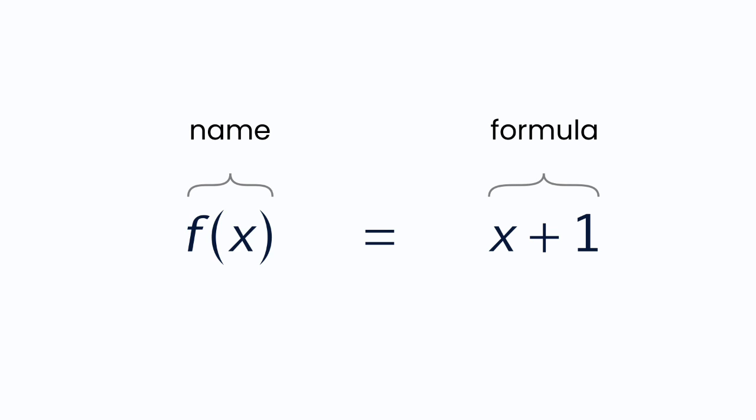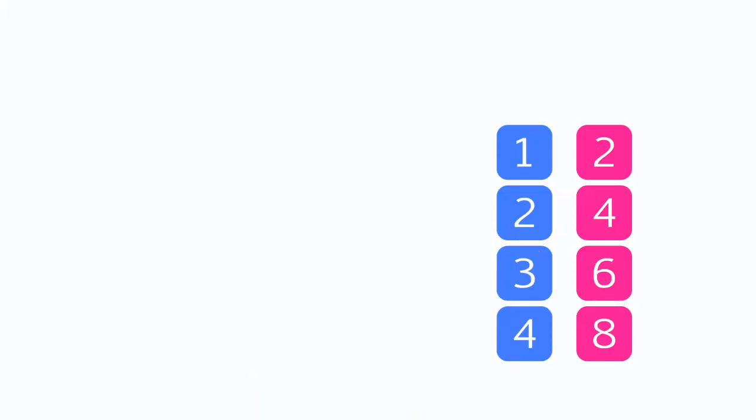So, back to our example. You now know that the function will be named f of x. Since this machine doubles the numbers you input, you can write the mathematical formula for the output as 2 times x. So this function's expression is f of x equals 2x. In this case, 2x is the formula that describes what the function does.